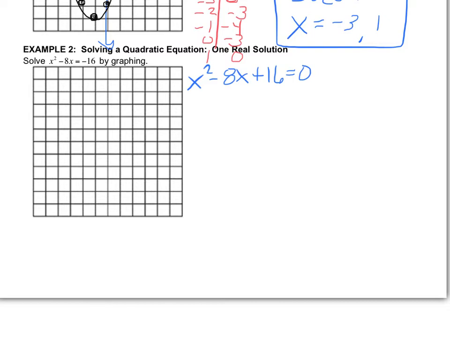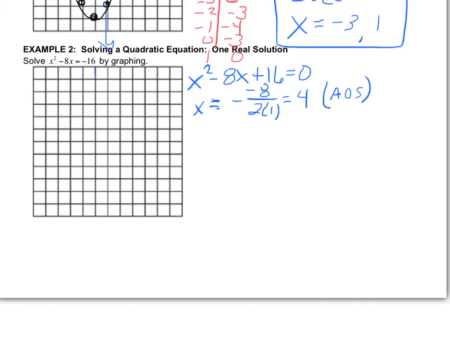And again, then we're going to use from our standard form x equals negative b over 2a. Notice this time that it is negative negative 8 over 2 times the 1. The two negatives are going to cancel to make a positive, and so our axis of symmetry this time is going to be at x equals 4.